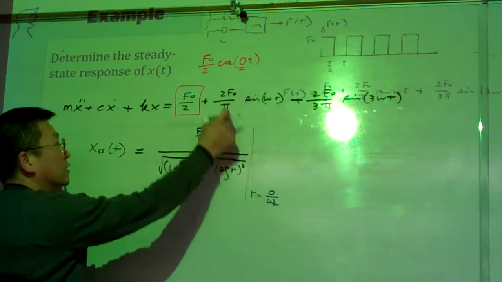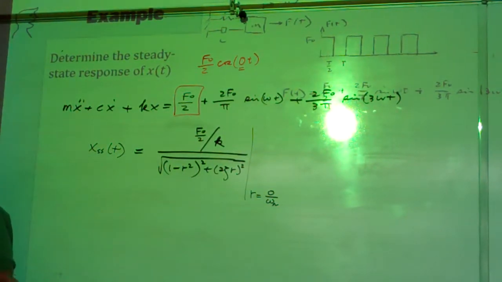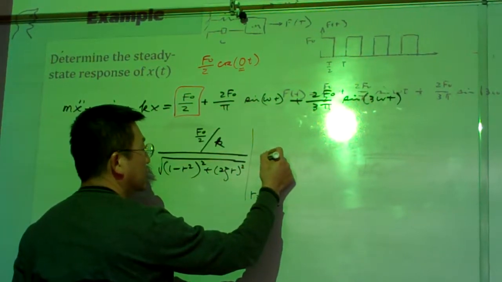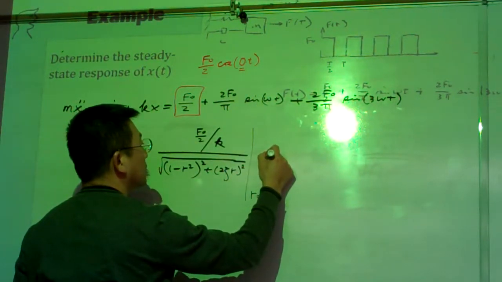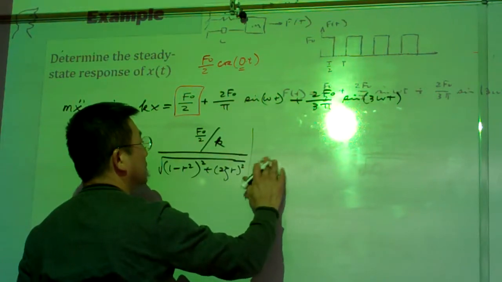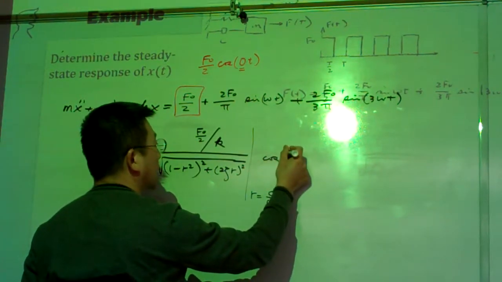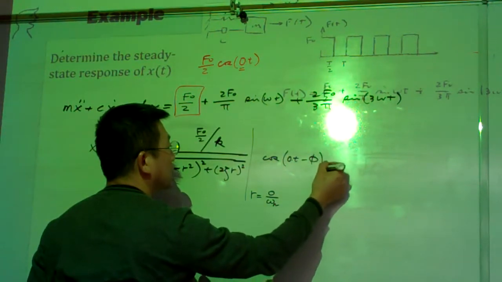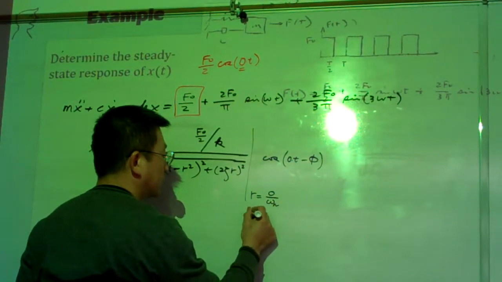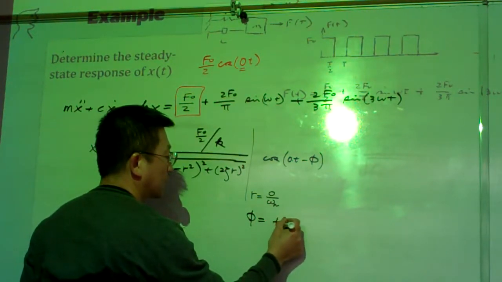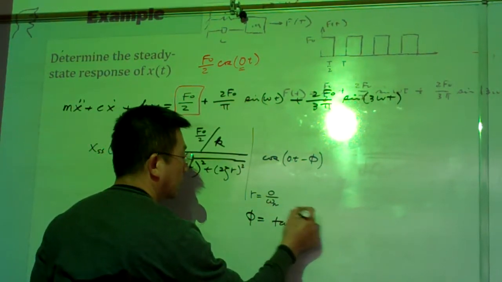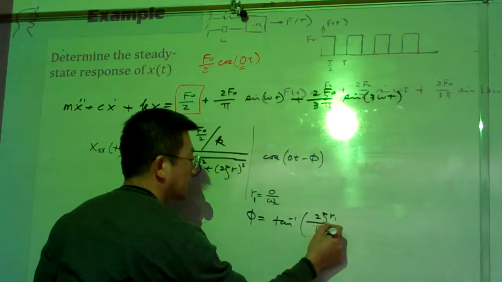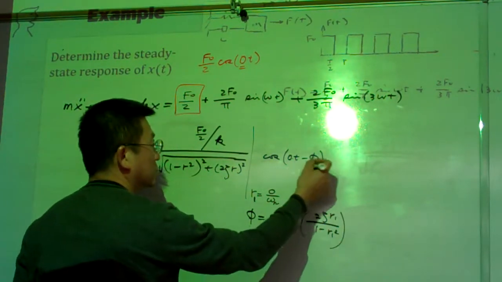The working frequency equals 0. Then the response is cosine of 0 t minus phi, and phi equals arctangent of 2 zeta R1 over 1 minus R1 squared. You simply plug in here.